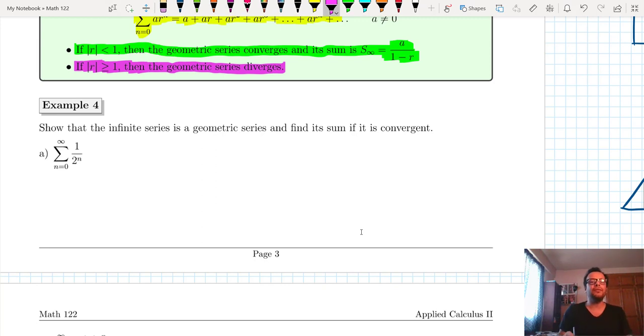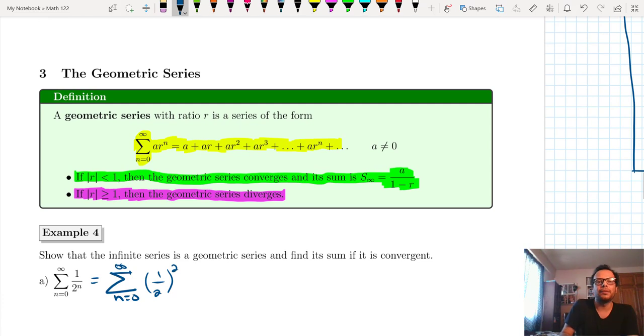Okay, show that the following infinite series are geometric and find the sum if they converge. So number 1, let's rewrite this in the correct form. By the way, geometric series always start at n equals 0.